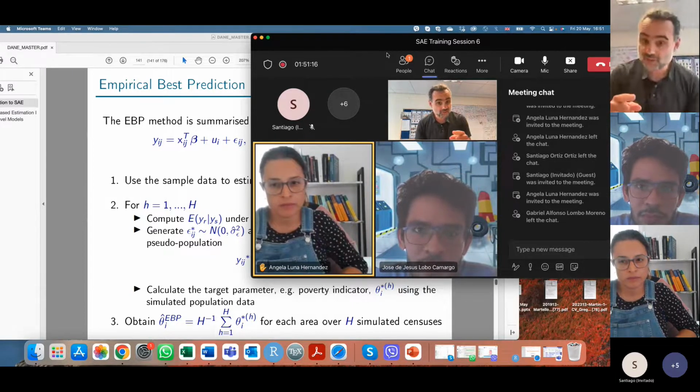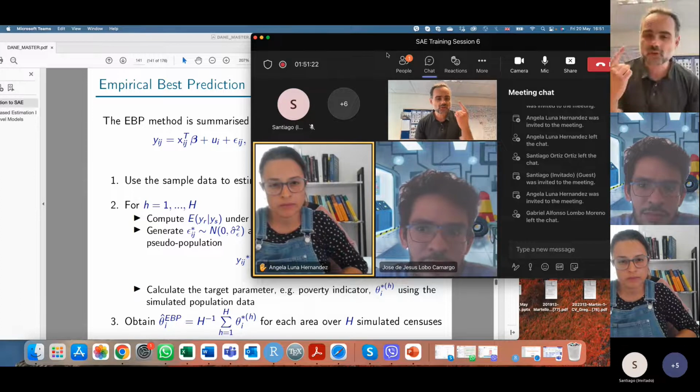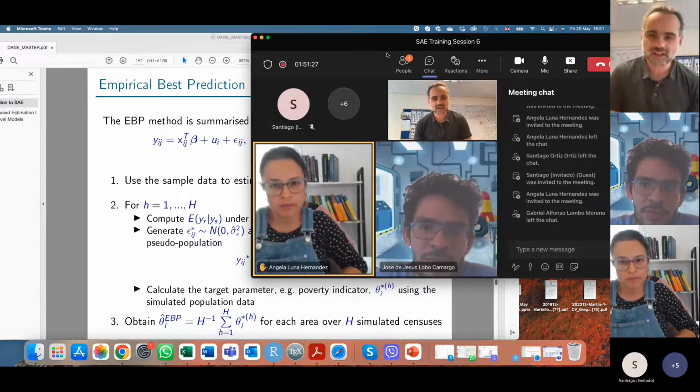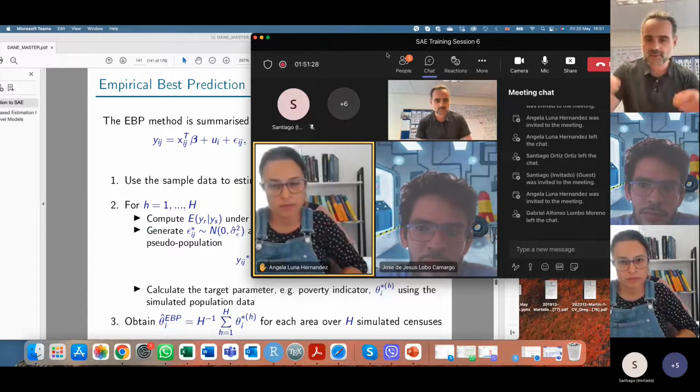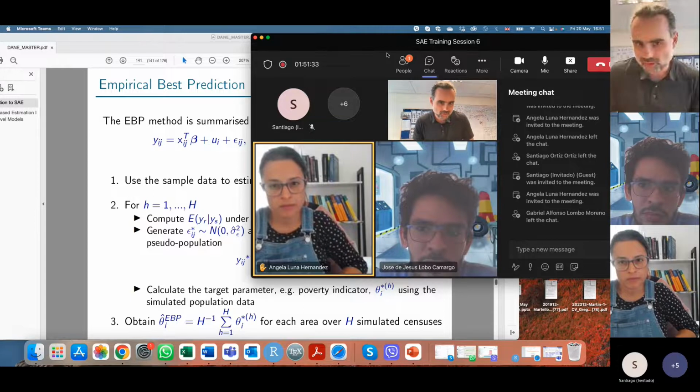But for the u_i's, it matters in what area you, well, you only sample as many random effects as the number of areas. So if you have 100 areas, you will sample 100 values from a normal distribution. What matters is that the households that belong to the same area are getting the same u_i. Okay? Are you with me?